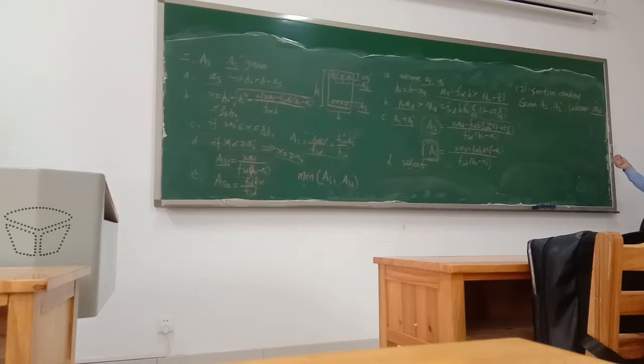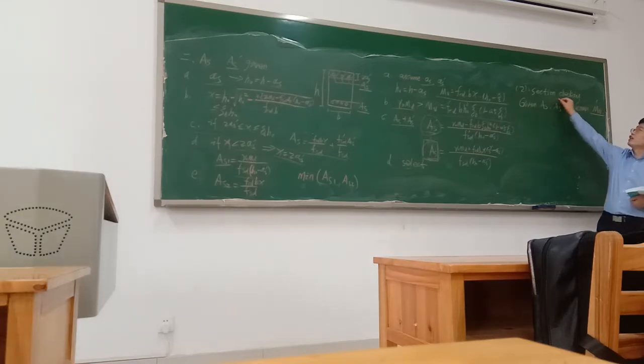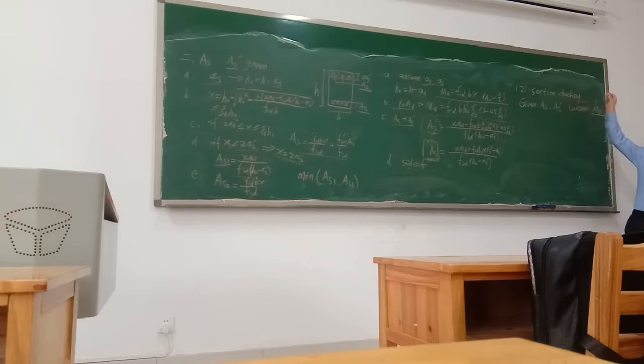Then you can calculate the real resistance, M_u. So now we need to check if M_u satisfies the requirement or not. You can just use the basic equation to calculate M_u directly.